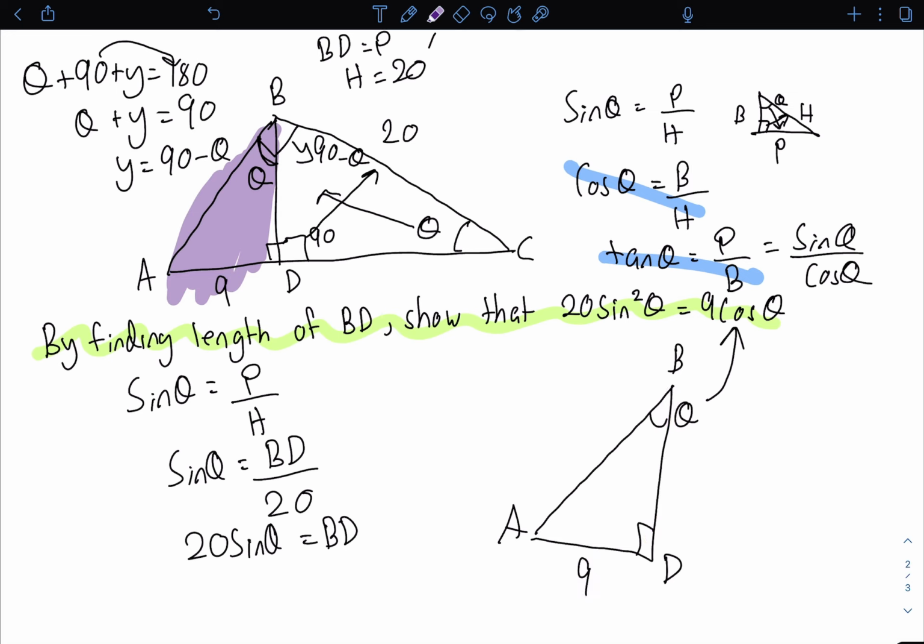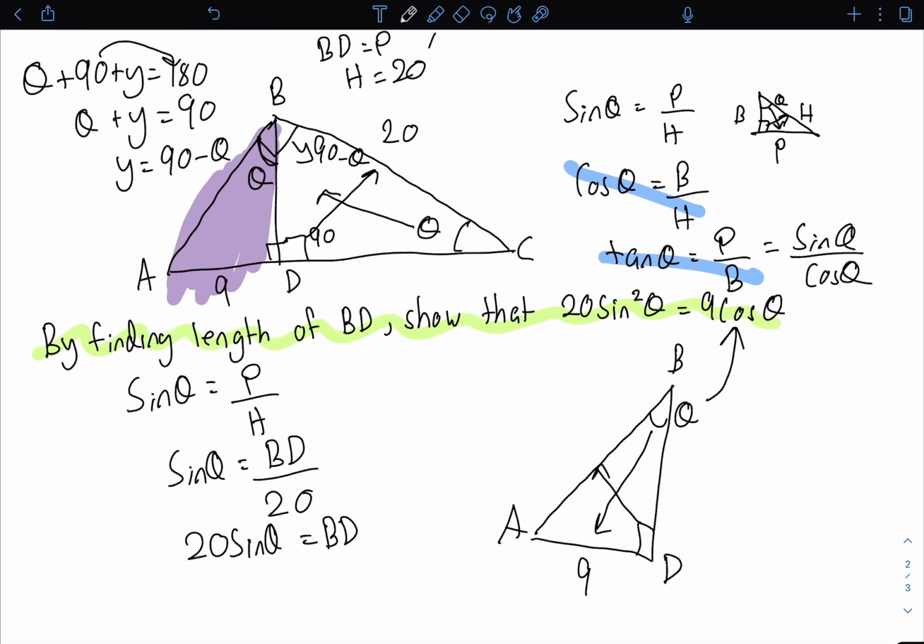So let's identify the perpendicular, the base, the hypotenuse. This is the perpendicular. This is the hypotenuse. And this BD, this whole thing, is the base, because that's the only side left. We know BA is the hypotenuse, we know AD is the perpendicular, so that only leaves BD as the base.